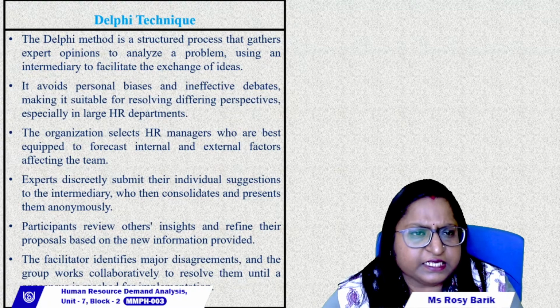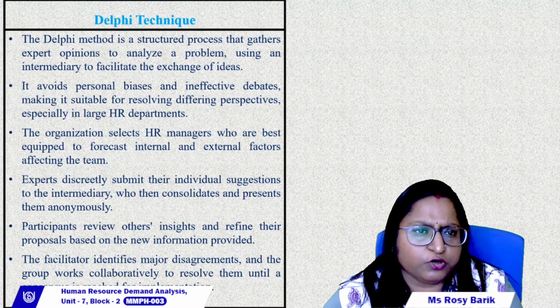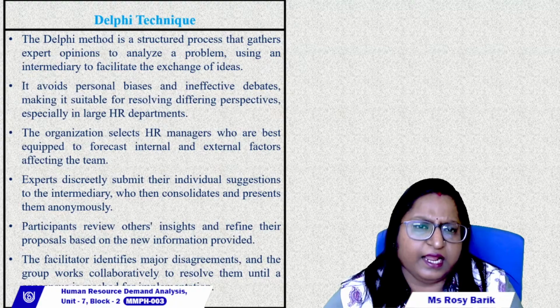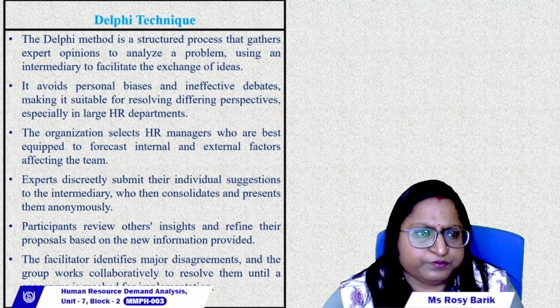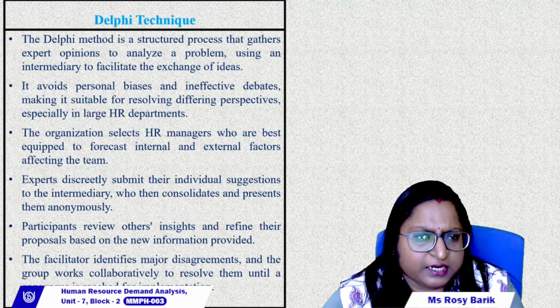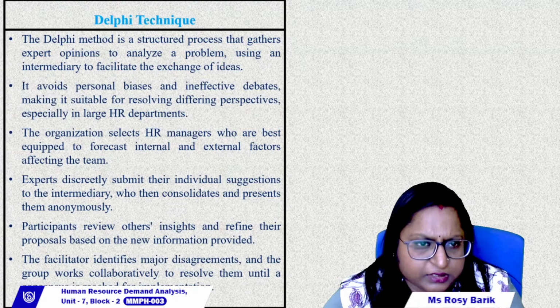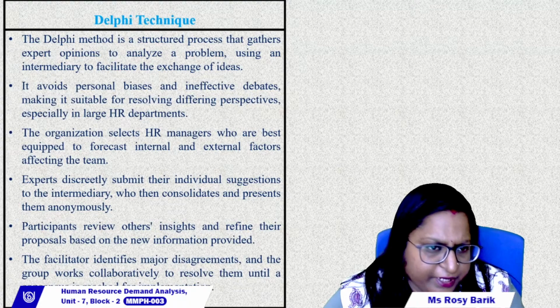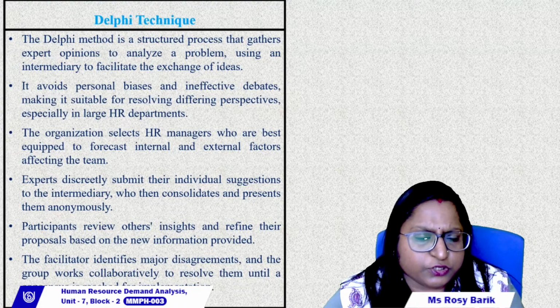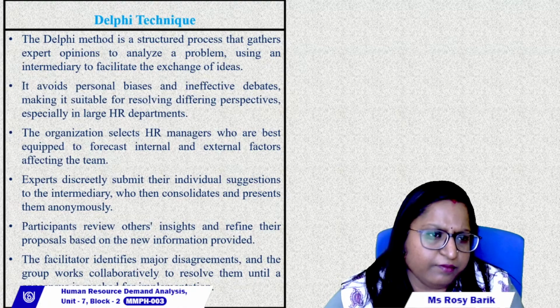The organization selects HR managers who are best equipped to forecast internal and external factors affecting the team. Experts discreetly submit their individual suggestions to the intermediary, who then consolidates and presents them anonymously.